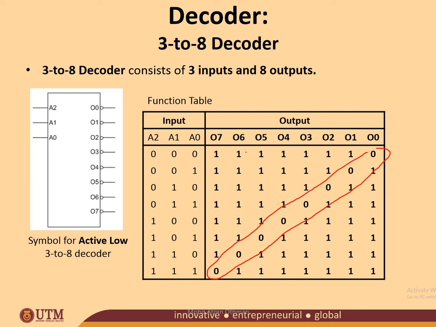Let's say you are given a 3 to 8 decoder with active high enable, which means it will be inverse. Instead of having changes of 0 at your output, you will have changes of 1. Please try to make sure that you understand, so that whatever question is given to you, you can answer because you have that fundamental understanding.